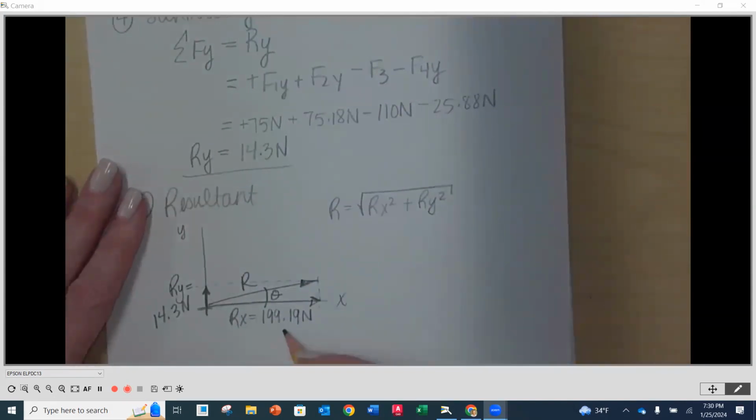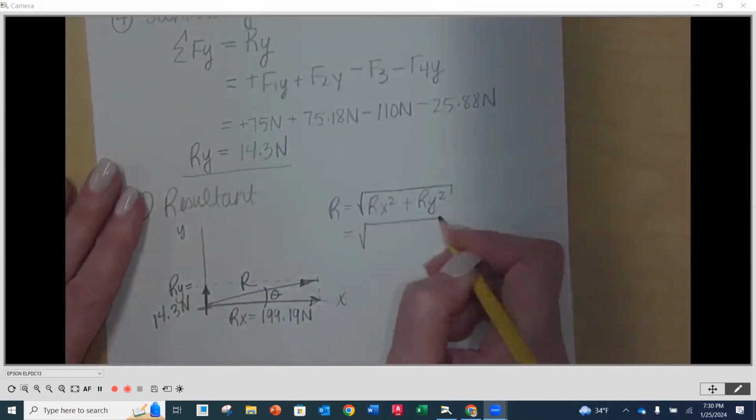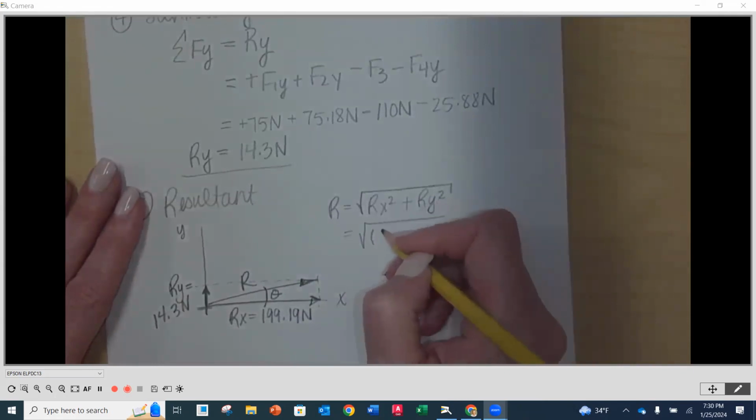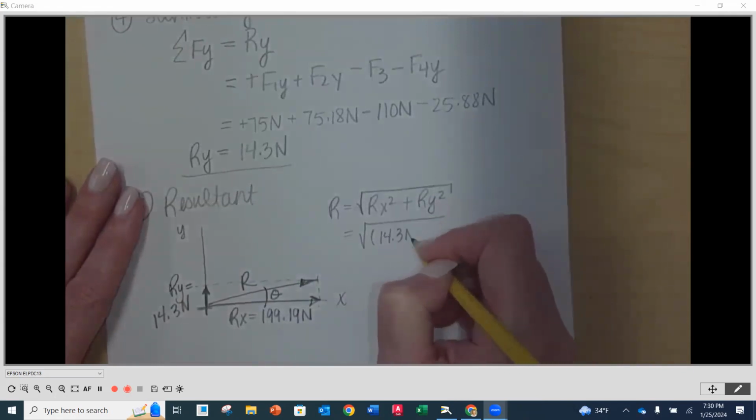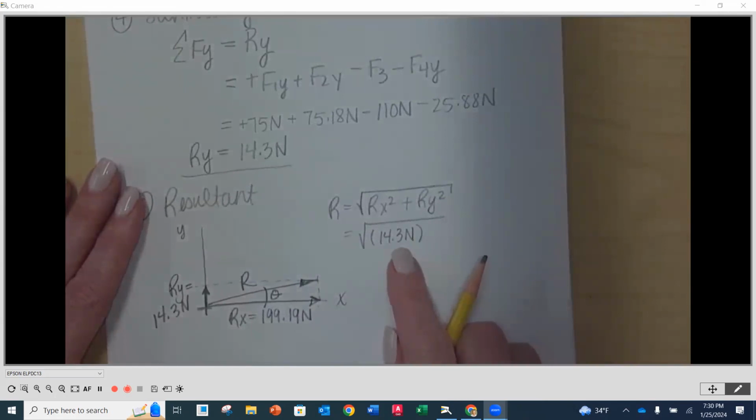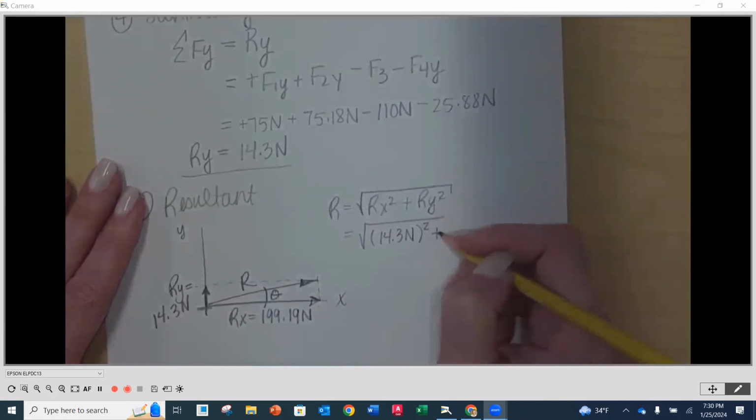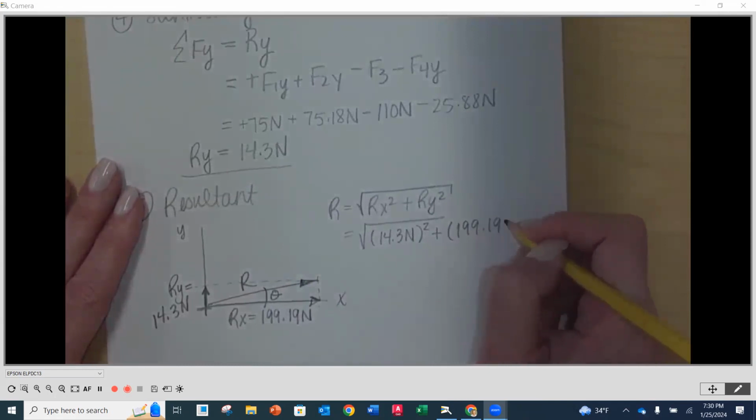All right. And we have the 2 values. So we can say, all right, underneath the radical, our X value is 14.3. Make sure you put the units in there. And we're going to square that full quantity with the units, and then 199.19 newtons squared all under the radical.